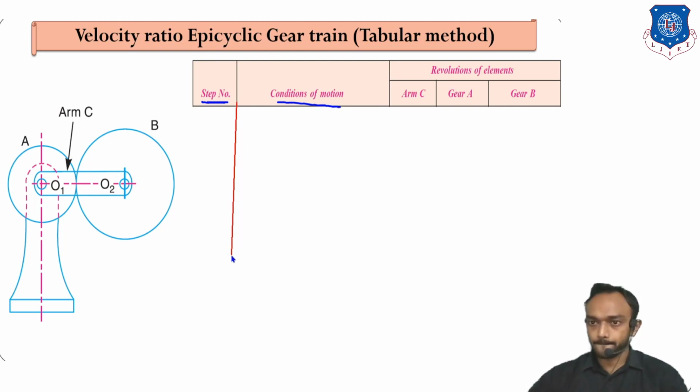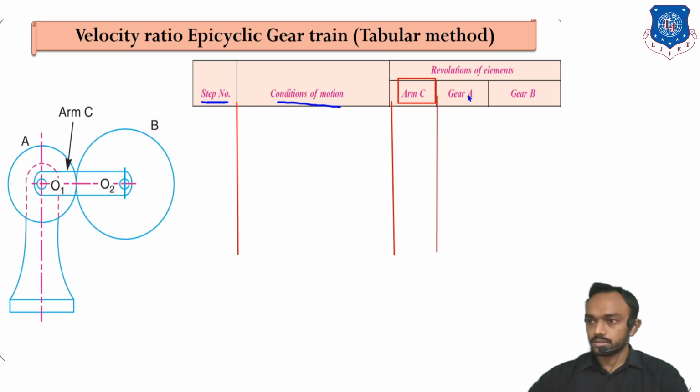After the condition of motion, always first will be the arm, and after that there will be all the gears. So the starting will be done from the arm.